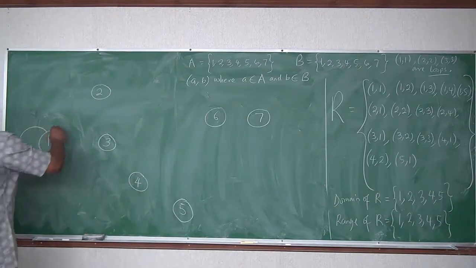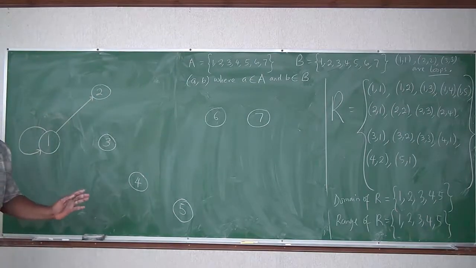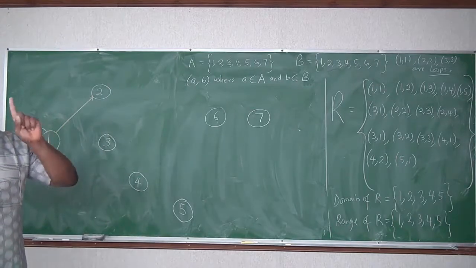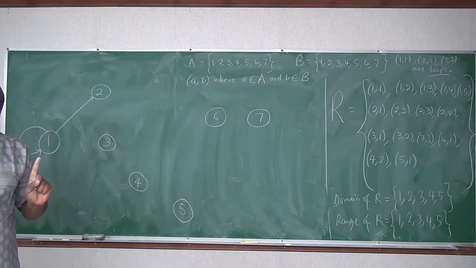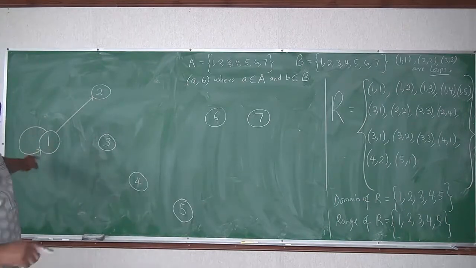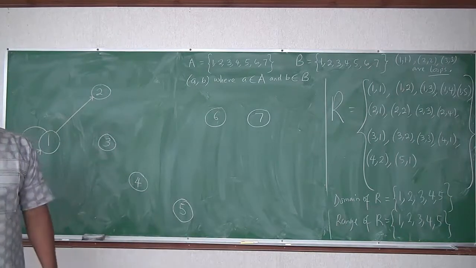1 relates to 2. So I have here. With a digraph, you see, if you have 1, 1, 1 is the initial vertex of the edge. And 1 also is the terminal vertex of the edge. So with 1, 1, you have a loop.